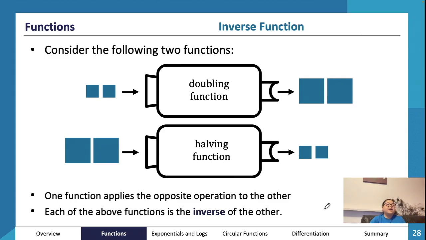Or if a function was like doing construction, then the inverse function would be a house demolisher. So it's just trying to reverse what's previously been done to it. Like doubling a function and halving a function. Those two are inverse functions of each other.